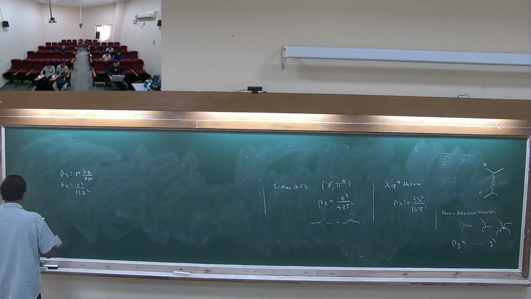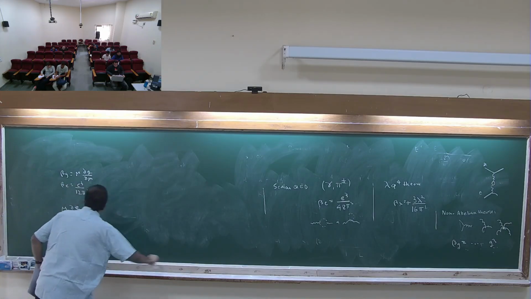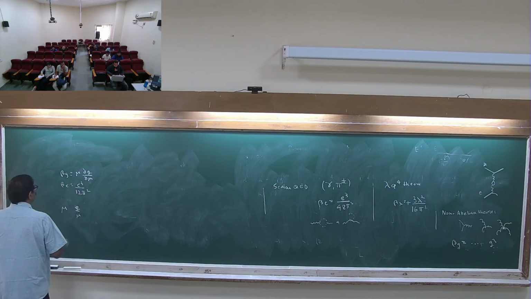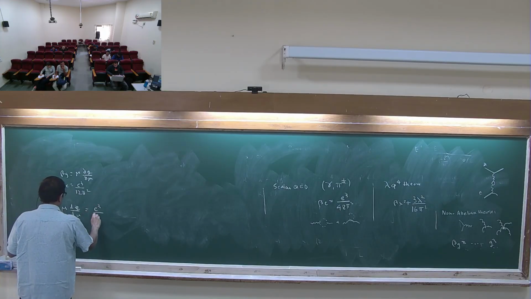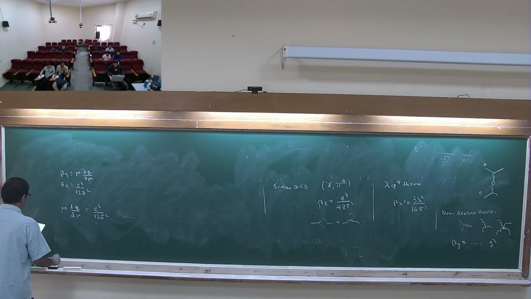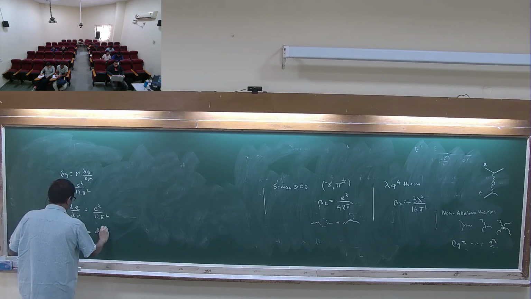So let me write this as mu dE by d mu. In fact, there is no partial derivative needed. Let me write this as dE by d mu. dE by d mu is E cubed by 12 pi squared. Okay, so 12 pi squared dE by E cubed is equal to d log mu.